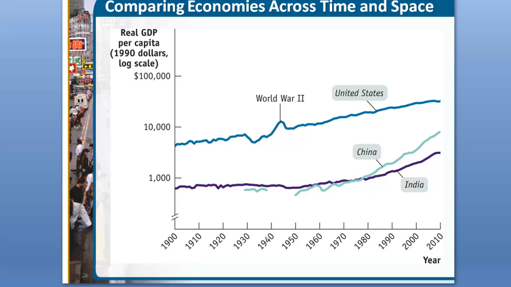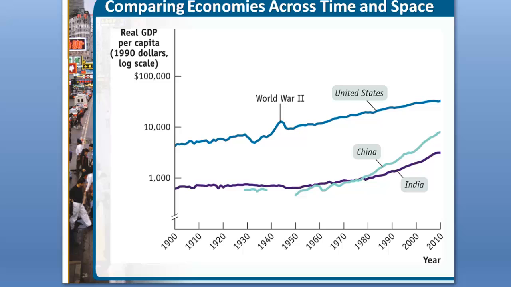Comparing economies across time and space. Economic growth is shown in the United States, India, and China over the past century. For each of the three countries, equal percent changes in real GDP per capita are drawn the same size. India and China currently have a much higher growth rate than the United States. However, China has only just attained the standard of living achieved in the United States in 1900, while India is still poorer than the United States was in 1900.